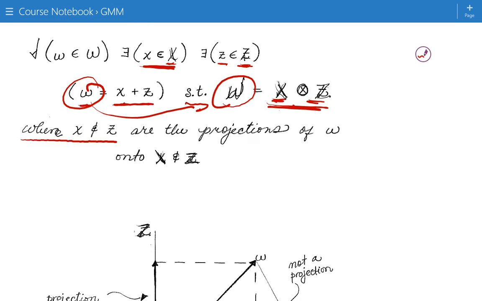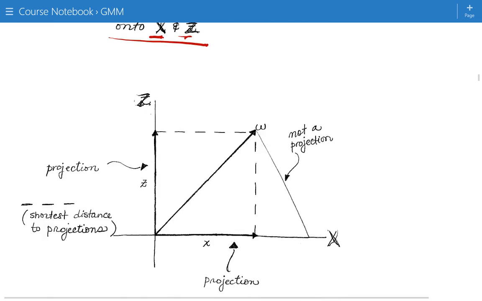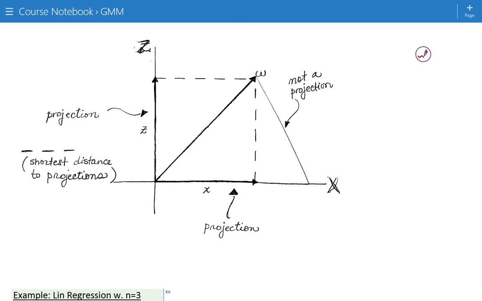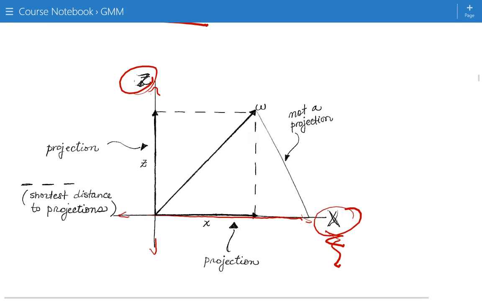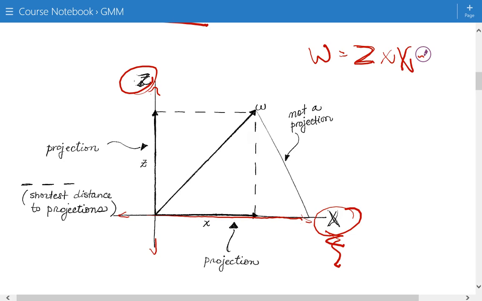And what this is to say is that X and Z are then projections of W onto the subspaces X and Z. Think of the two dimensions here. Let's suppose that the x-axis here, so all vectors that go along in this direction, are this particular space X, right? And all of them that go along in the up-down direction are part of this space Z. We consider W then as equaling the ZX product, so it's the full two-dimensional space.